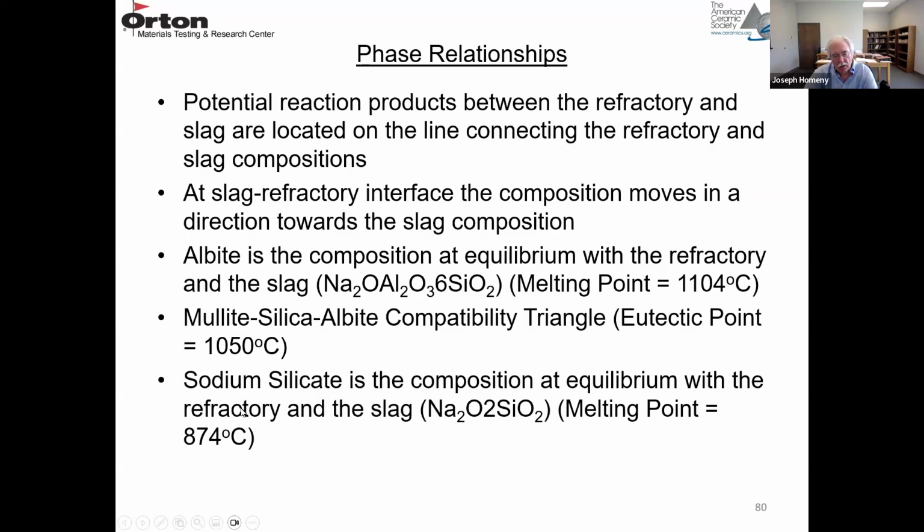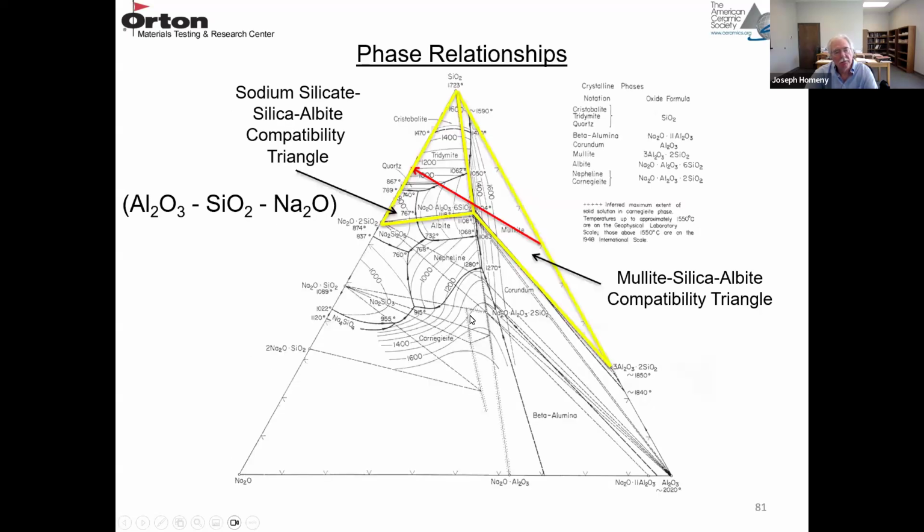And then we're going to cross into another compatibility triangle. Sodium silicate is the next composition in equilibrium with the refractory and the slag. And that one is melting even lower, 874 degrees C. So this is the silica albite, and then the sodium silicate is Na2O·2SiO2. That's the compatibility triangle.